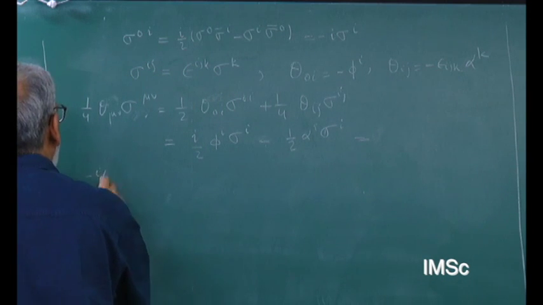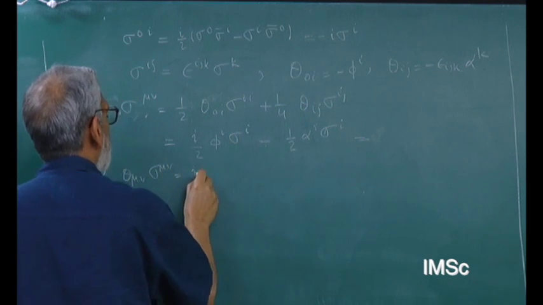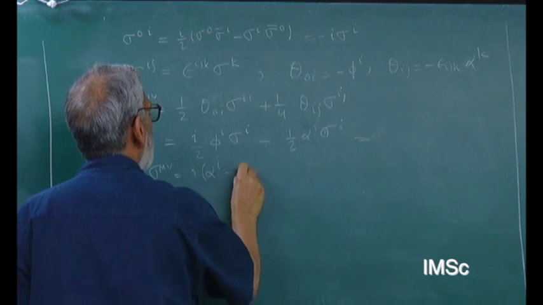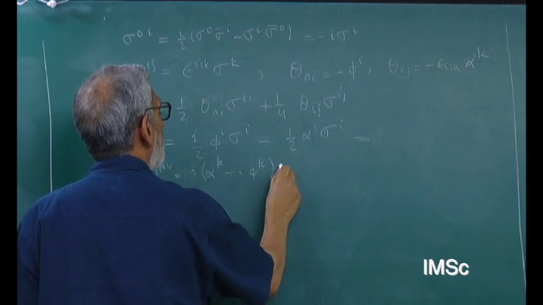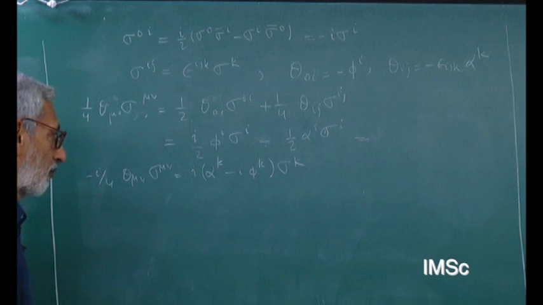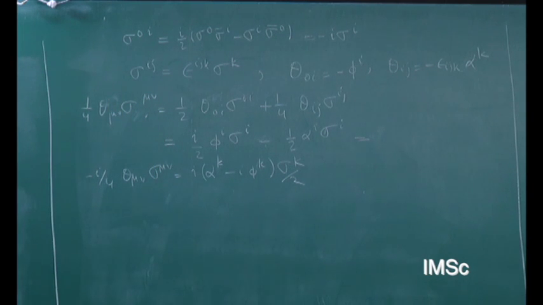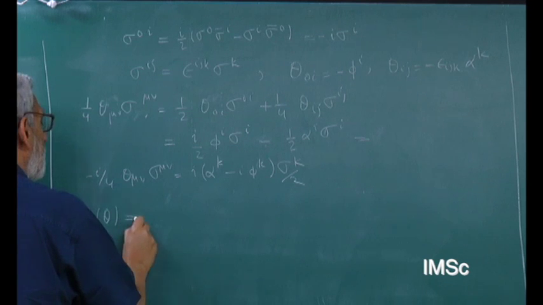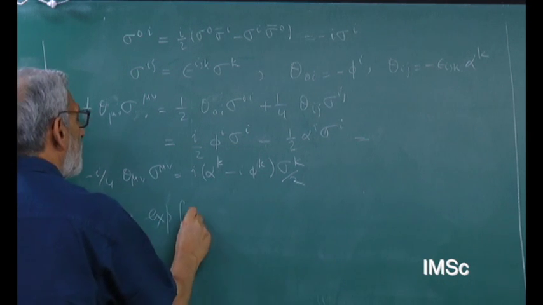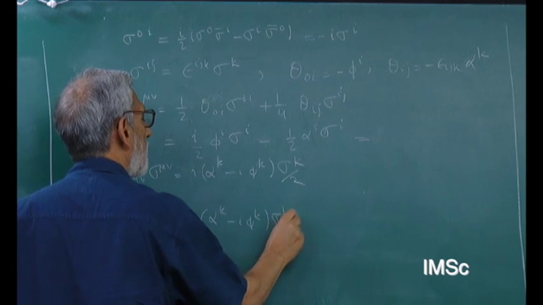We have minus i/4 theta mu nu sigma mu nu, and that is i alpha k minus i phi k, call it k, sigma k by 2. So that tells me U theta is the exponential of i (alpha k minus i phi k) sigma k by 2.